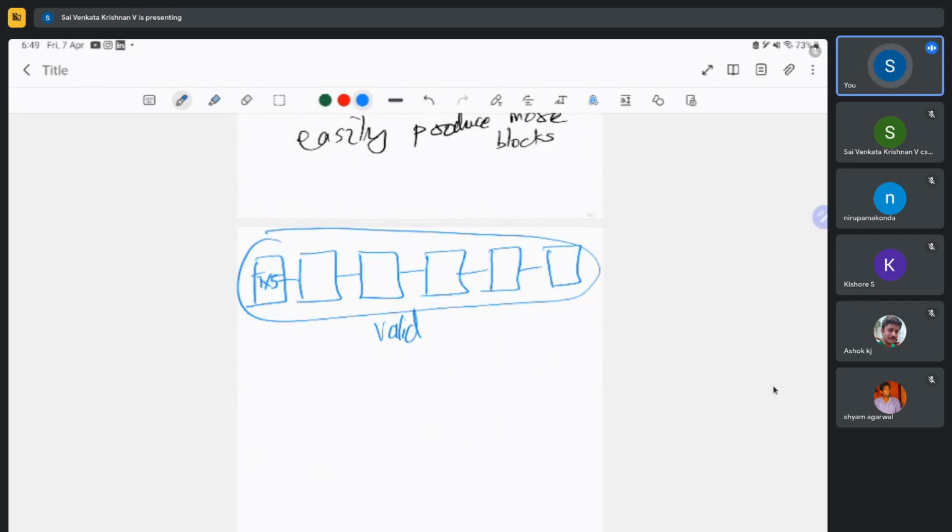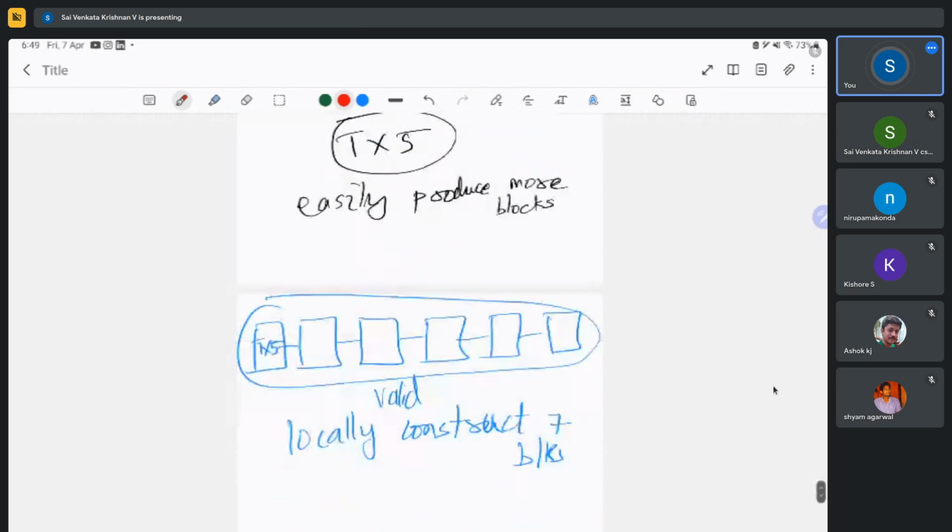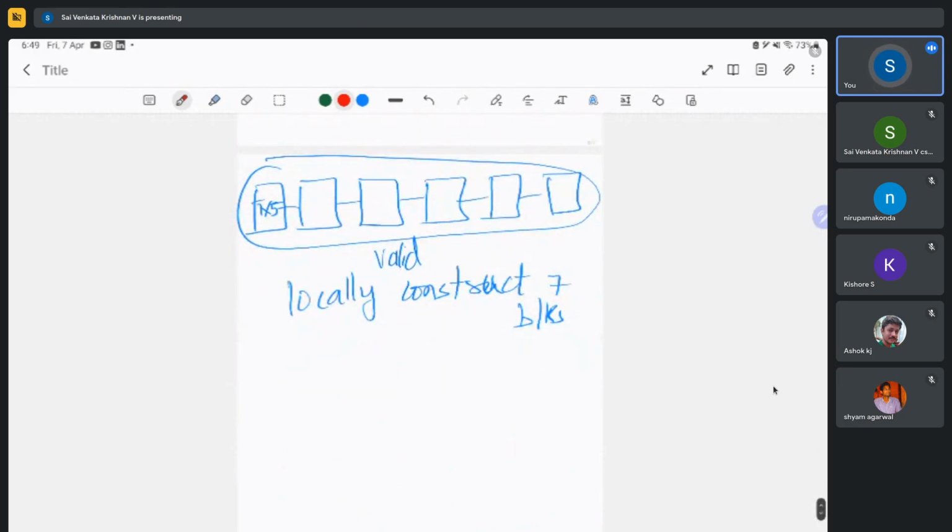But what the attacker can do is locally construct these 7 blocks. And once the attacker gets to know that the red chain has only 3 blocks and the green chain has only 3 blocks, at this time the attacker can release these 7 blocks to the network at the same time.